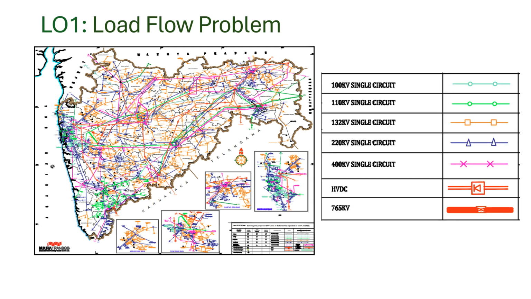There are lines of different voltage levels: 100 kV, 110 kV, 132 kV, 220 kV, 400 kV, and we have an HVDC line also, and the highest transmission voltage, 765 kV, is also there in Maharashtra. These colors you can identify: the light green color and the dark green color show different lines.